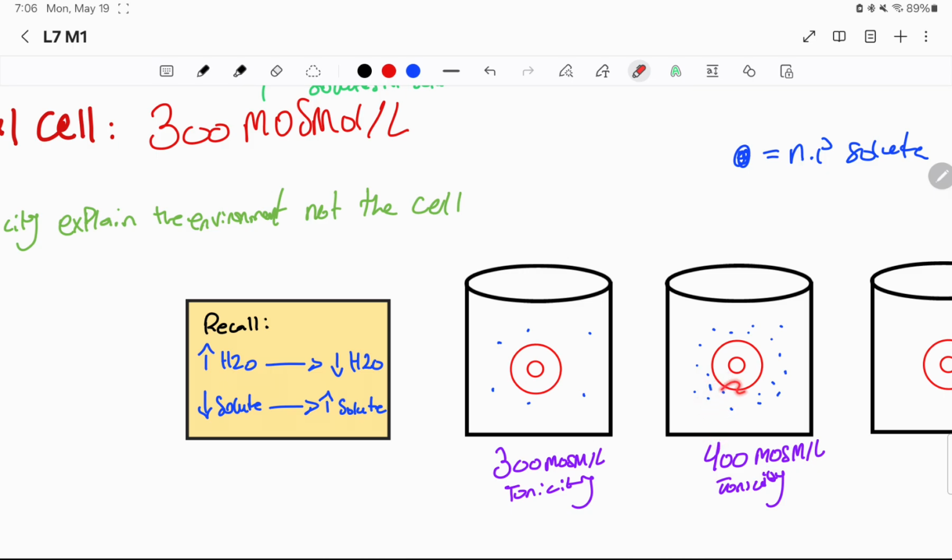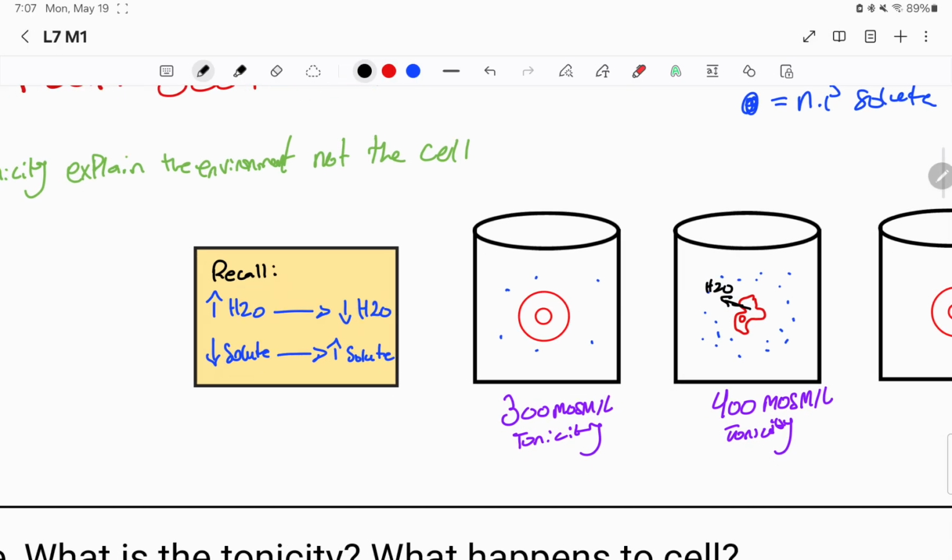And it'll keep doing this until, watch what's going to happen, we can remove this cell and redraw it as this shriveled up looking red blood cell. Why did it shrink? Because a lot of water exited out, and it made the cell shrink in size.